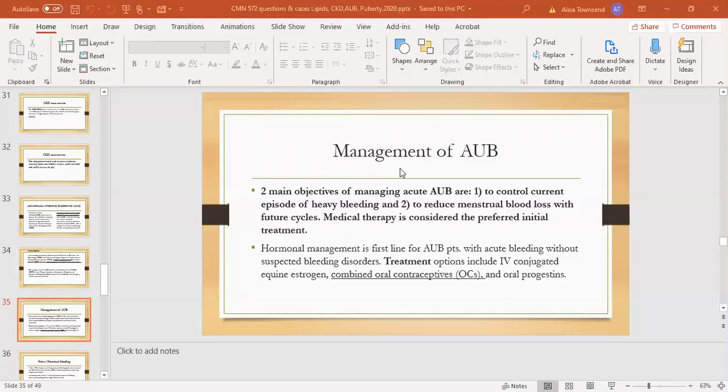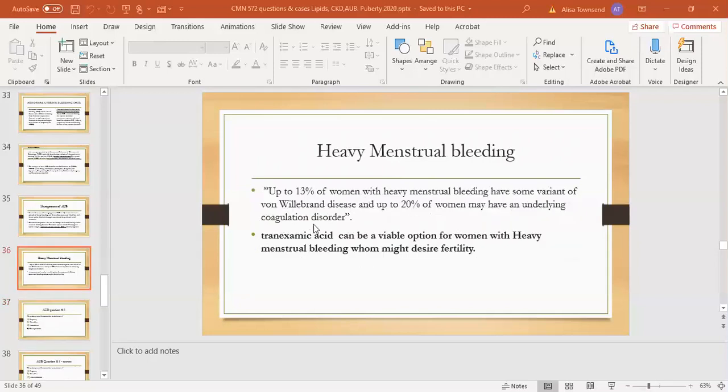So, be aware of this. This is just one of the things we were talking about with the PALM-COEIN, that could be a reason, one of the issues was coagulopathy. Von Willebrand's and other women may have a factor type issue, and you can see that up to 20% of women can have something there.